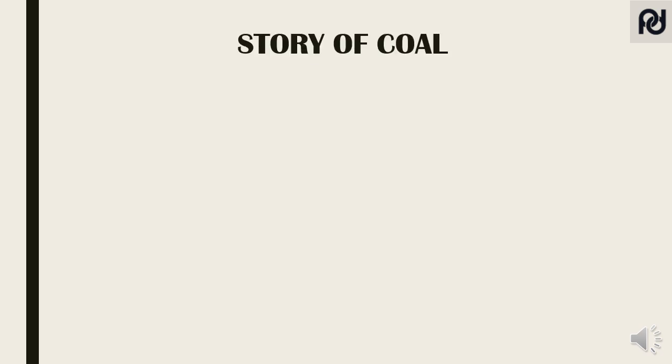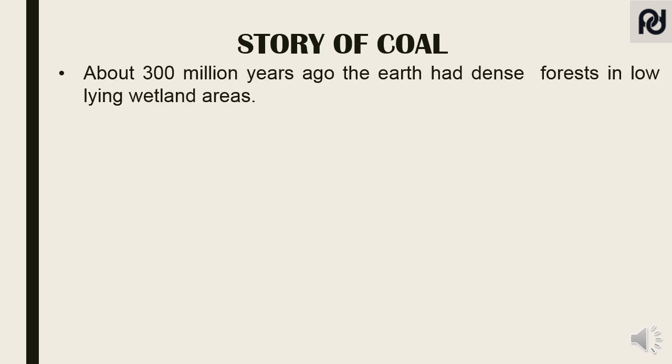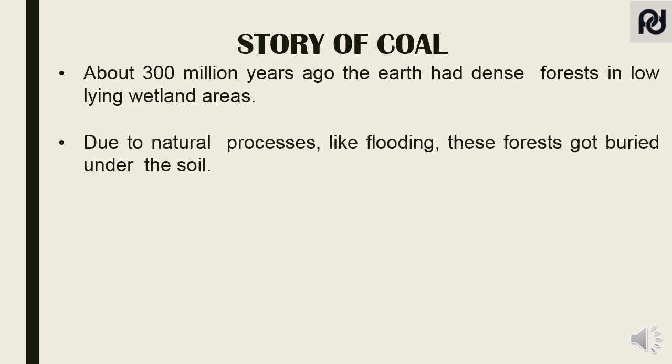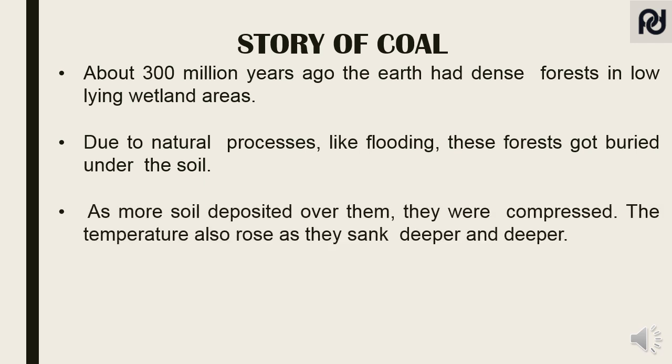So the next thing, the story of coal. It is basically the formation of coal. About 300 million years ago, the earth had dense forest in the low-lying wetland areas. Due to natural processes like flooding, these forests got buried under the soil. Now, as more and more layers of soil kept on depositing on it, they kept on sinking down.